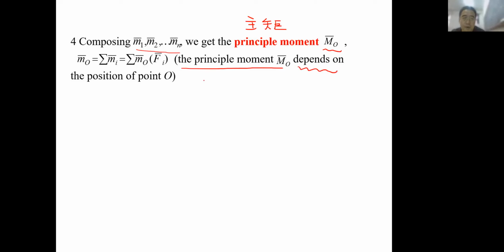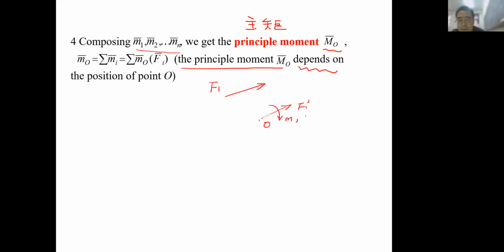Maybe I can explain this. We only consider one force, F1, maybe here. Maybe the first time we select the position at O here. If we move this F1 to here, we get F1 prime with the same magnitude and same direction. And we should add an M1, right?